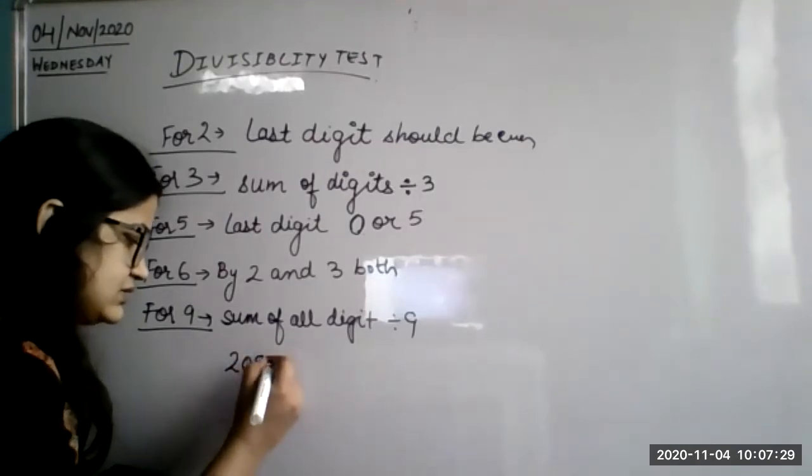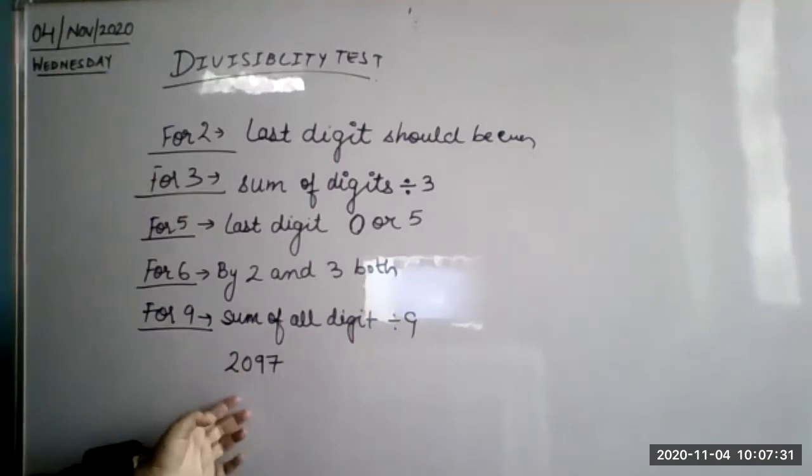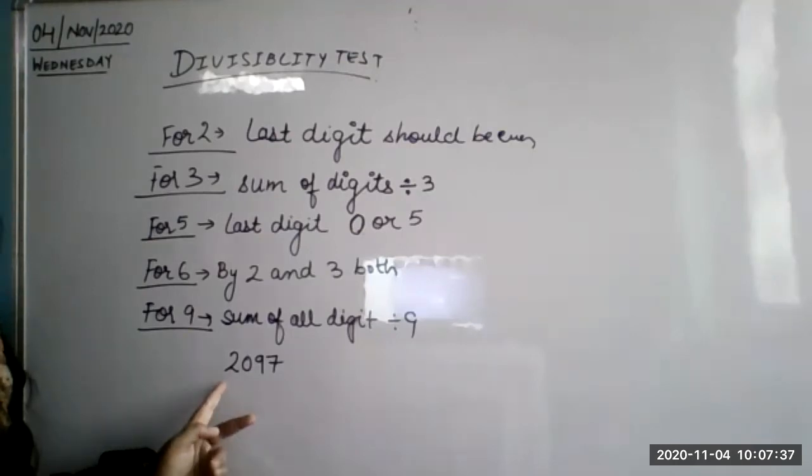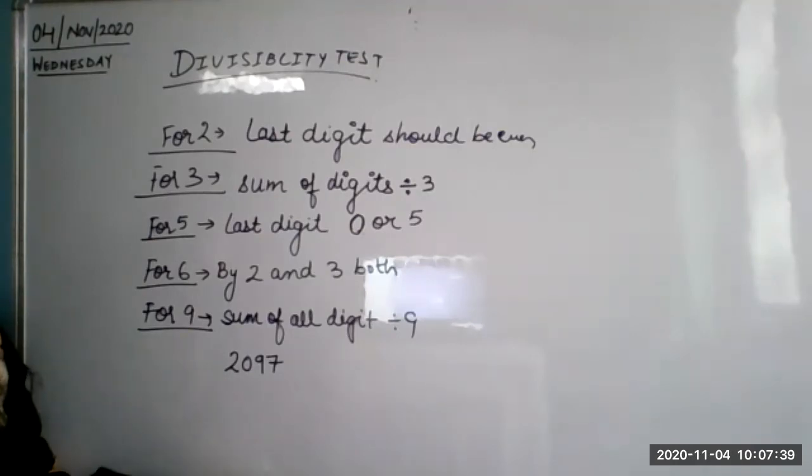Now, beta, tell me, is it divisible by 9? Girl, is it divisible by 9? No, ma'am. Why?